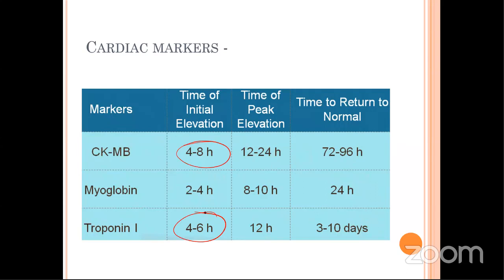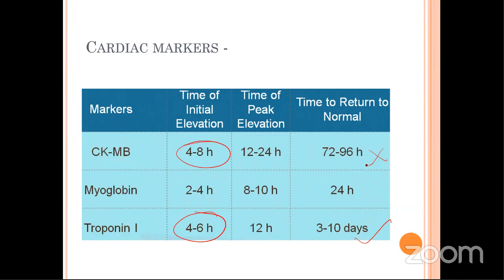But the only difference here is the time of return to normal. So the important thing is that troponin can be used for delayed admission cases, whereas CKMB cannot be used for delayed admission cases. And troponin I is much more specific than CKMB when you consider the specificity.